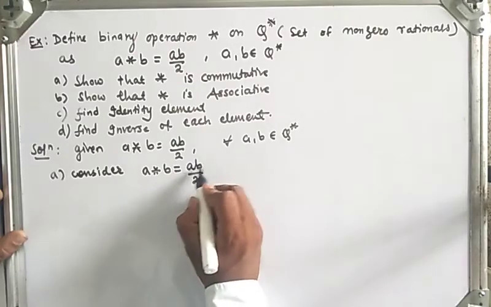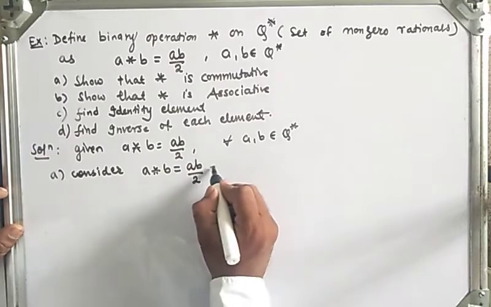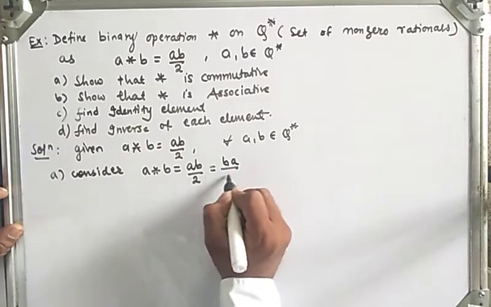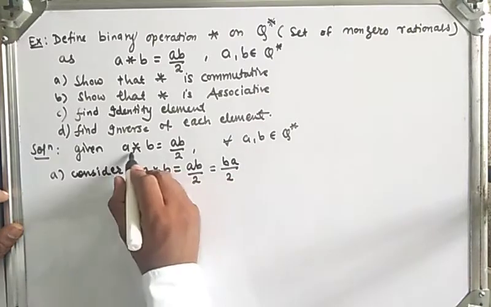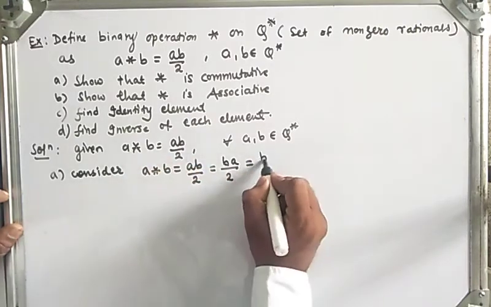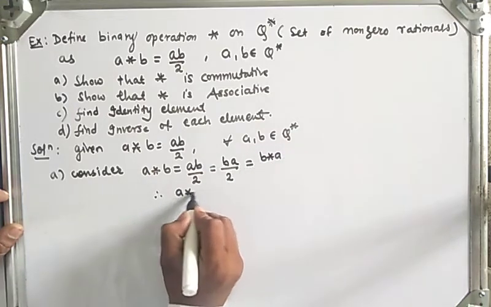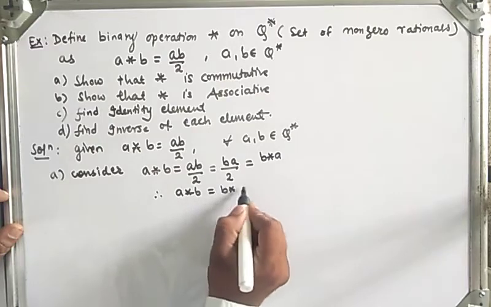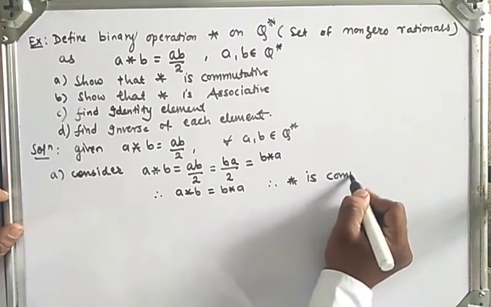Here ab belongs to the set of non-zero rationals, so it can be written as b into a upon 2, which is b star a. Therefore a star b is equal to b star a, which means star is commutative.